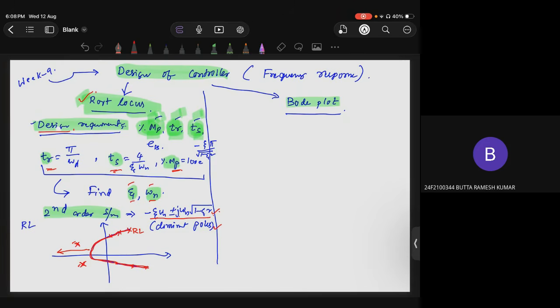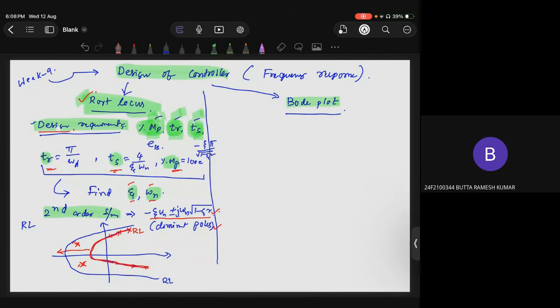Now your controller comes in and moves your root locus. If you design it properly, it will shift the root locus to cover the dominant poles. Anyways, you will be sharing this PDF, right?